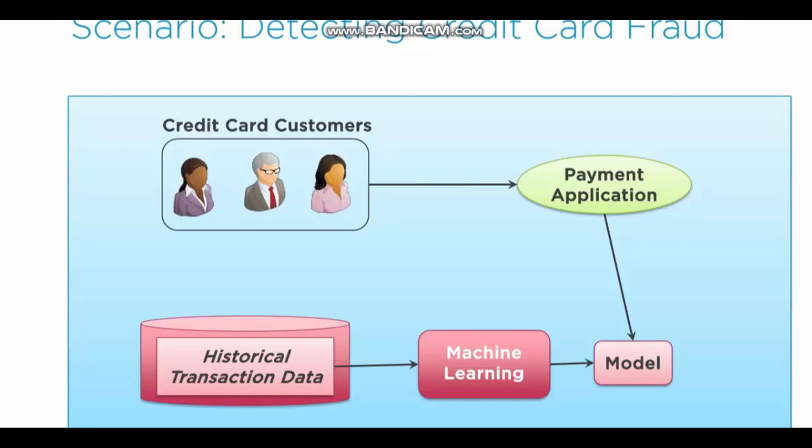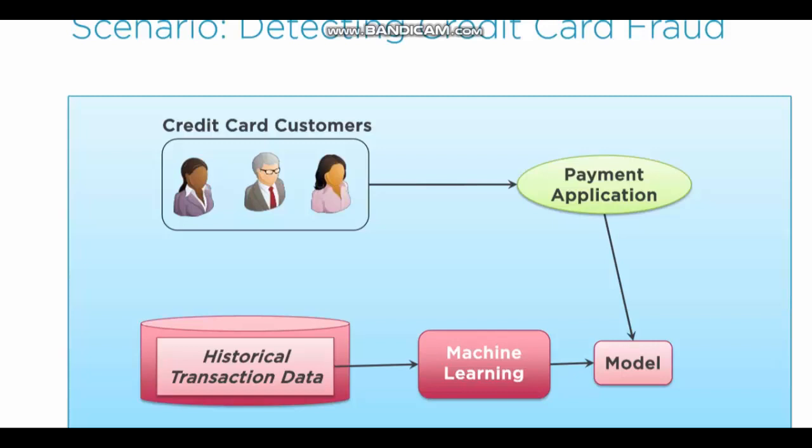Now this is an example which I gave you on the very first slide, saying that machine learning is used to detect whether a credit card transaction is fraudulent or genuine. This slide gives a little bit of an idea how this is implemented. We have a certain number of customers, and let's say they are using PayPal for transfer of money.